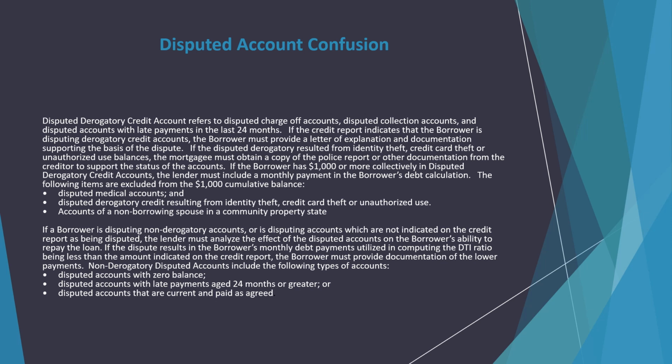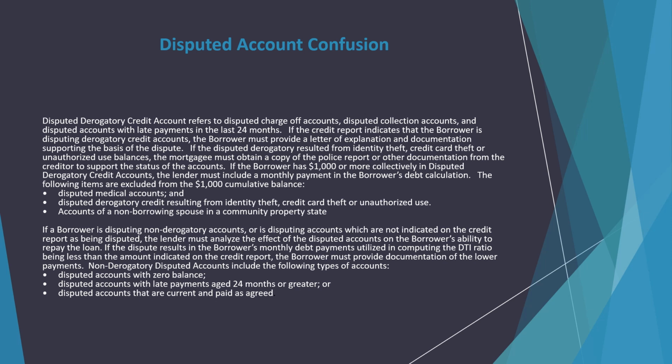Let's get into the big one that I see a lot of confusion around: disputed accounts aged greater than 24 months. Be very careful on this one, guys. I've seen some of my counterparts not fully understand this part of the guideline. If you have a collection account or a charge-off that is greater than 24 months, it is still considered a manual downgrade.